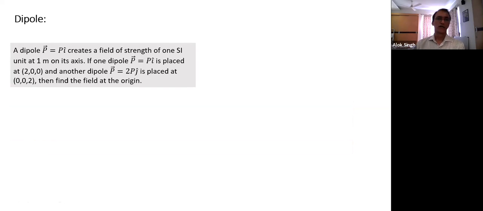Okay, another field strength question. Can you find an answer for this? Two dipoles are there. We need to find the resultant field at the origin. What is the resultant field at the origin? So I give you 2 minutes to solve.